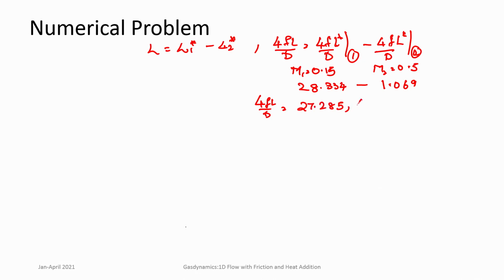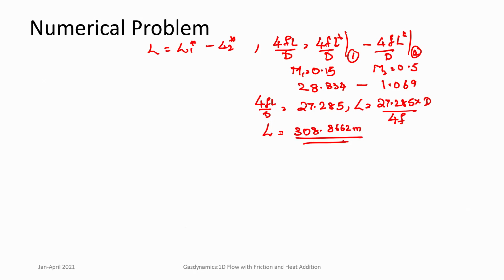So from here L can be calculated, that is 27.285 multiplied by D divided by 4F. F is given, and so L will turn out to be 308.8662 meters.